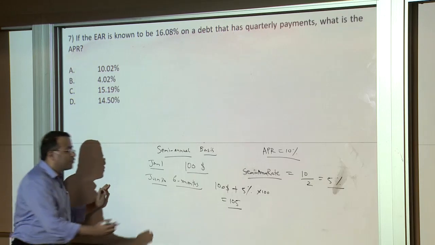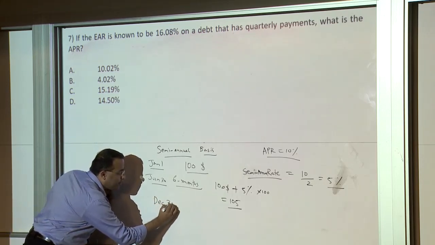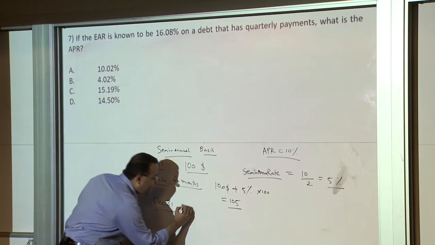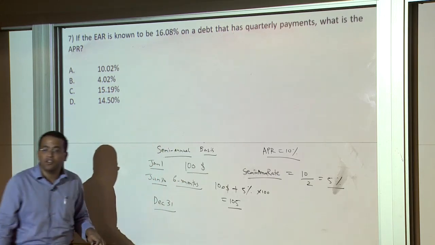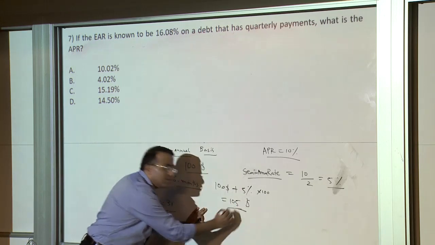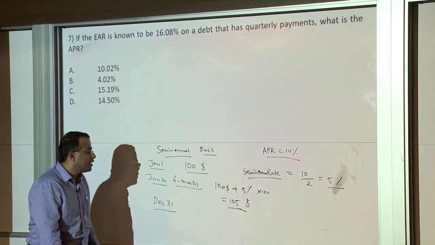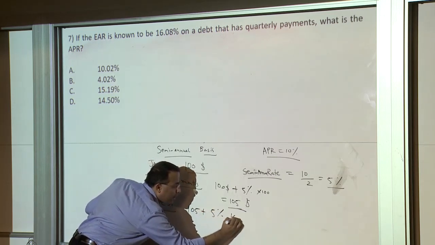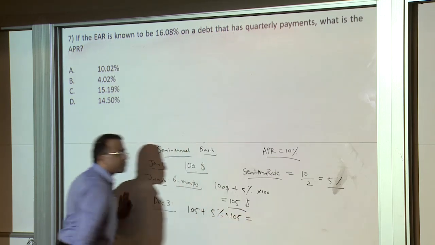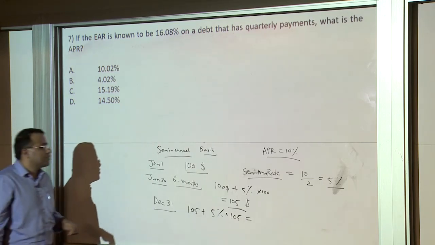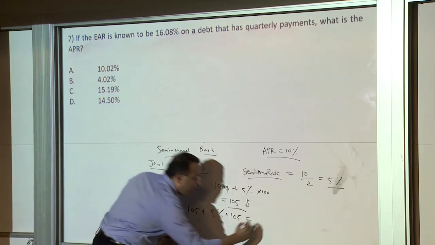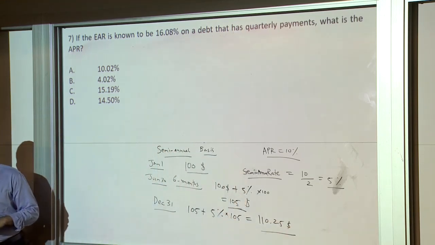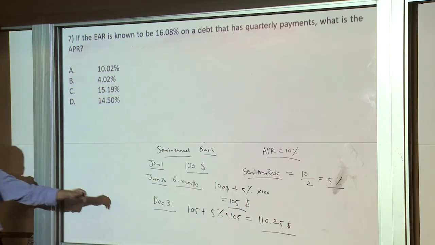Now, if you go on to the end of the year, December 31st, that's another 6 months. You're going to get another 5%, but this 5% is on the amount already in your bank account. So you get 105 plus 5% of 105, which is 5.25. So this is about 110.25.